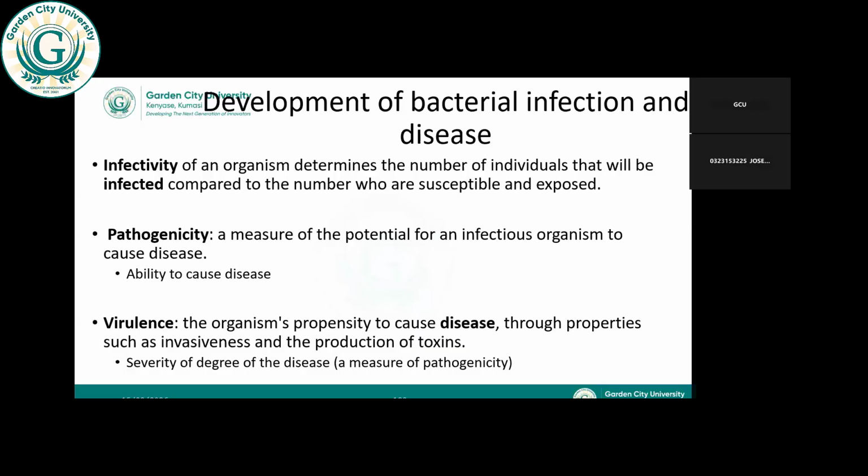Sir, please, what's the difference between pathogenicity and virulence? Pathogenicity is the ability to cause the disease after the infection. So you should know the difference between infection and disease. You know the difference?